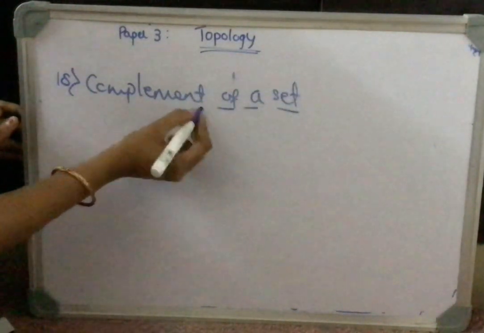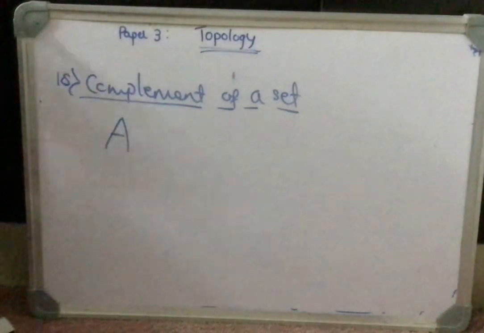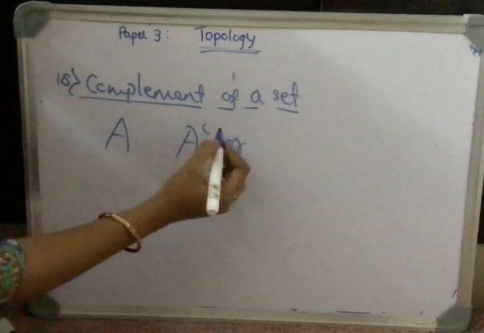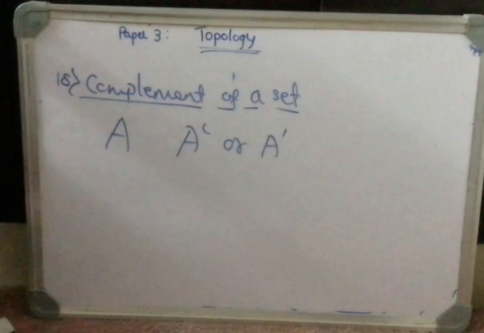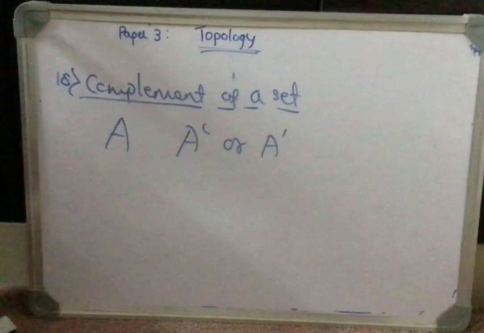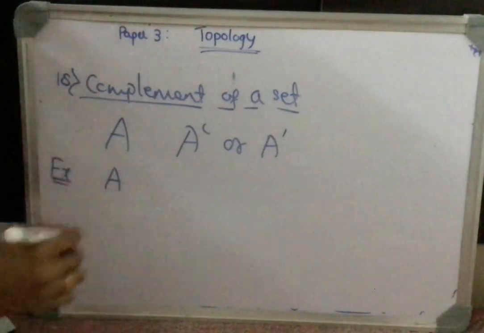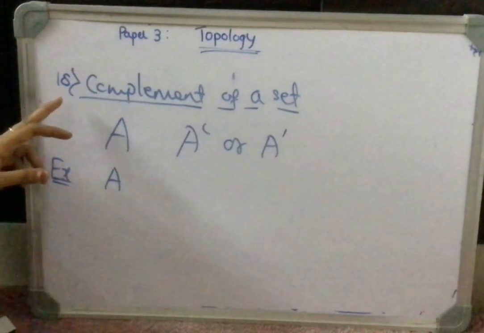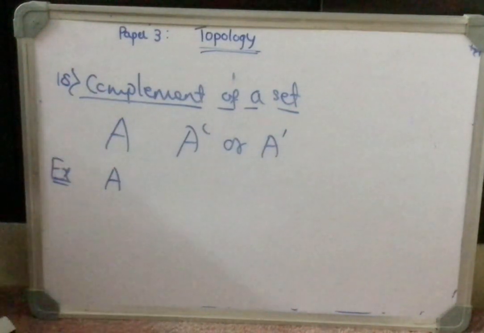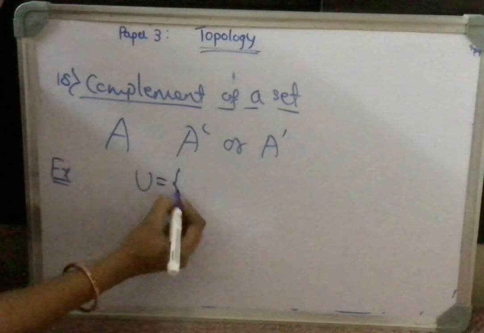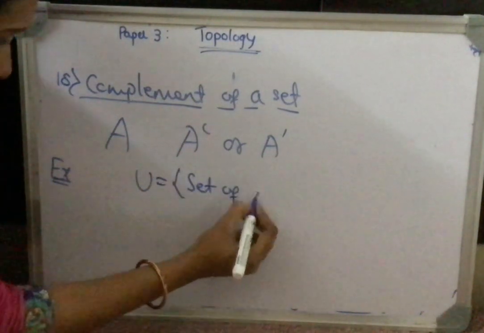So if A is any set, its complement is denoted by A raised to C or A dash. It is like reciprocal. The complement of a set is the set of elements of the universal set U which are not in A. Example: let U be the set of natural numbers.